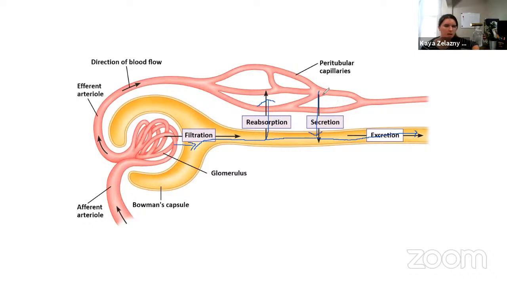Specifically, we'll see a lot of subtle shifts in ion concentration. So we're going to see secretion of lots of ions later on going back into the tubular fluid as well. Okay. But as we talk about each section, we'll be talking specifically about what's getting filtered, what's getting reabsorbed and secreted.